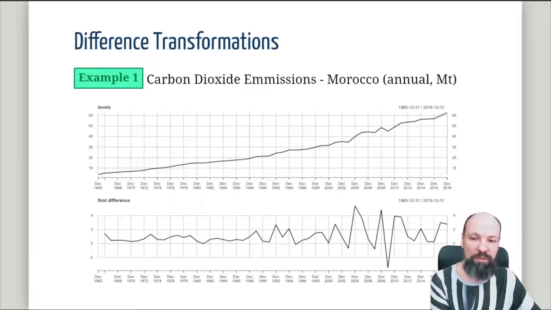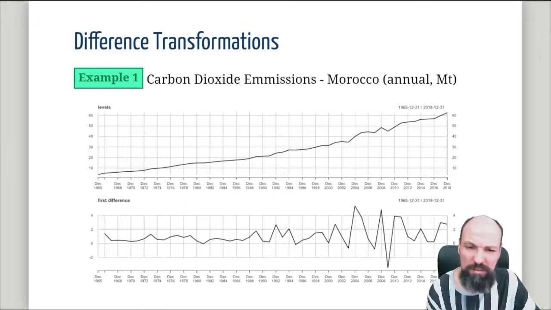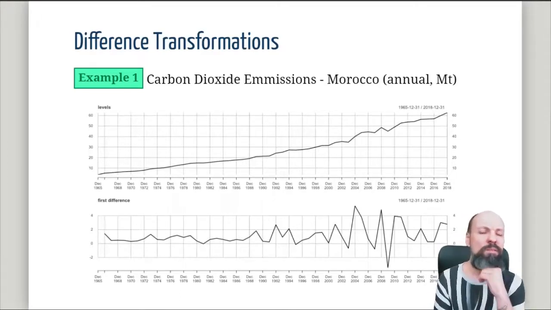You see that most of the time this thing is positive, so there were only very few declines: 1, 2, 3. Most of the time it grows. So the logic is the same as with other changes. Whenever this is positive, the initial series grows. Do you think this transformation made it stationary? Does it look stationary?